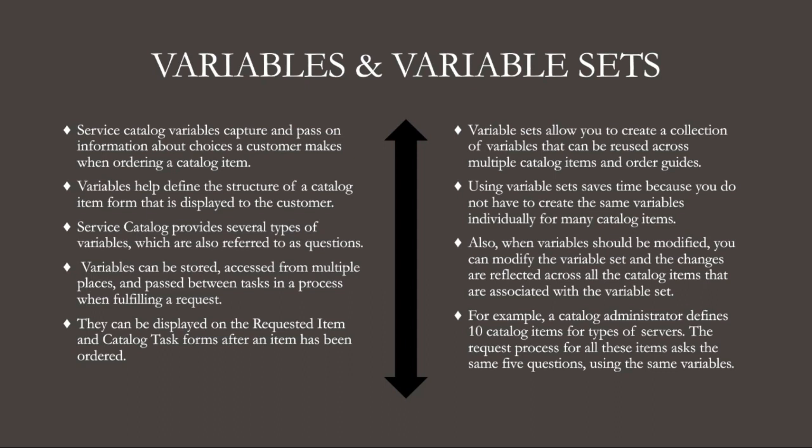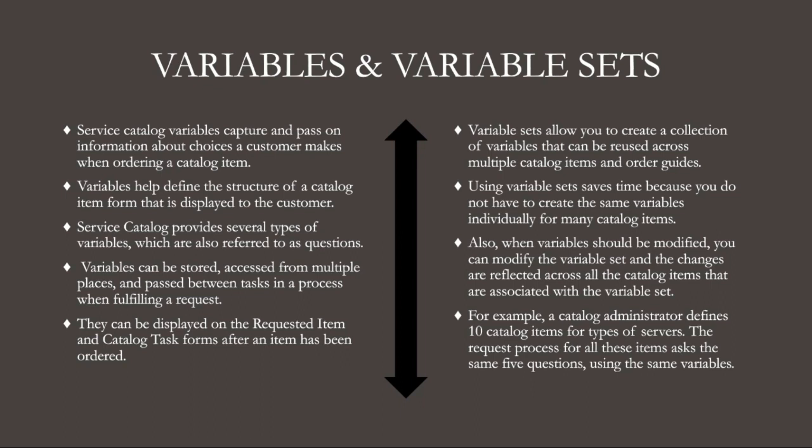Okay, so what is a variable set? A variable set allows you to create a collection of variables that can be reused across multiple catalog items and order guides. Using a variable set saves time because you do not have to create the same variable individually for many catalog items. This is really a good benefit because in a lot of places we use the same kind of fields, like requested for.